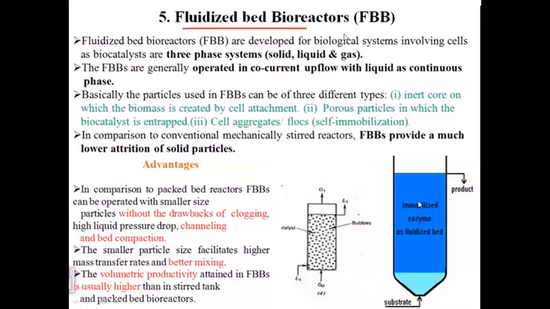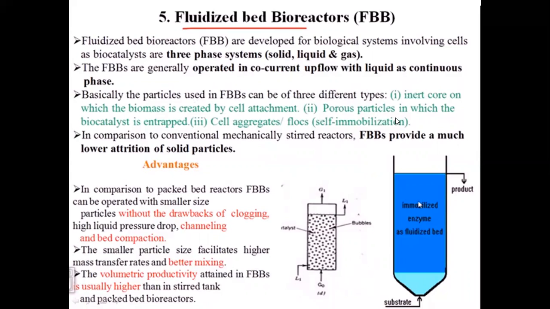The next type of reactor is the fluidized bed bioreactor, which is developed for biological systems that include various phases like solid, liquid, and gas. Fluidized bed bioreactors are generally operated in co-current upflow with liquid in continuous, and they can be of three types. The first is the inert core, on which the biomass is created by cell attachment.